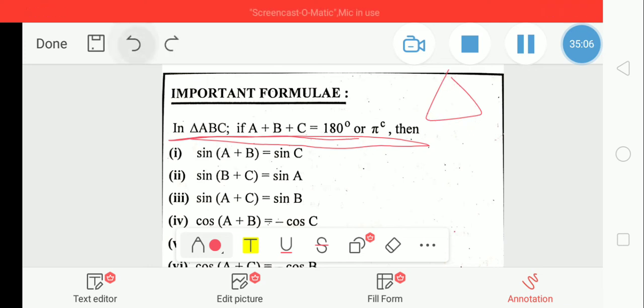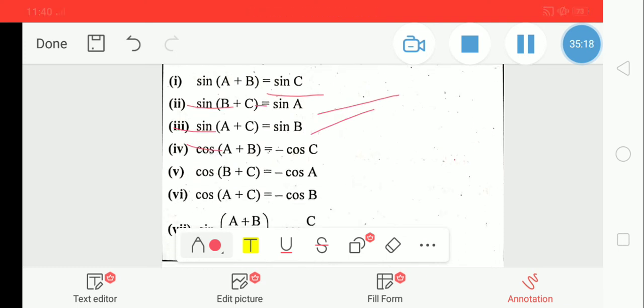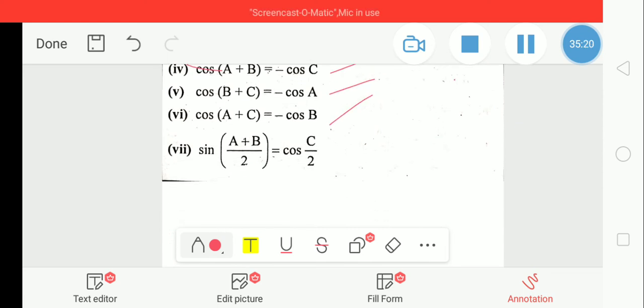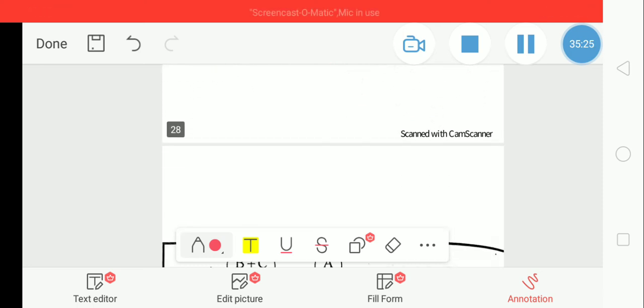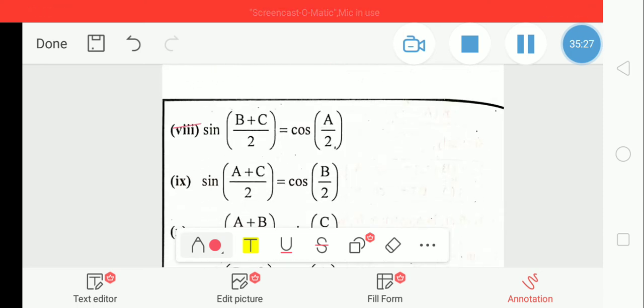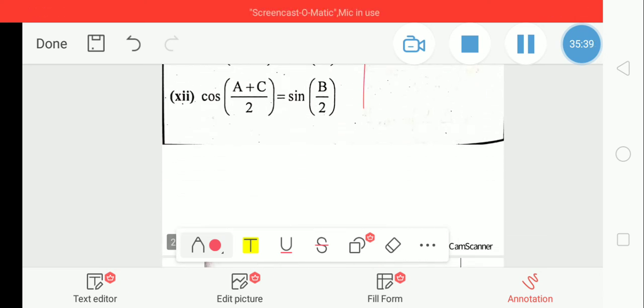Then sine of (A plus B plus C) means sine of C. So sine of (A plus B) is sine of C, and sine of (A plus C) is sine of B. Cos of (A plus B) is minus cos C, and sine of (A plus B) divided by 2 is cos of C by 2, sine of (B plus C) divided by 2 is cos of A by 2, and sine of (A plus C) divided by 2 is cos of B divided by 2. So in this way these are the formulae.